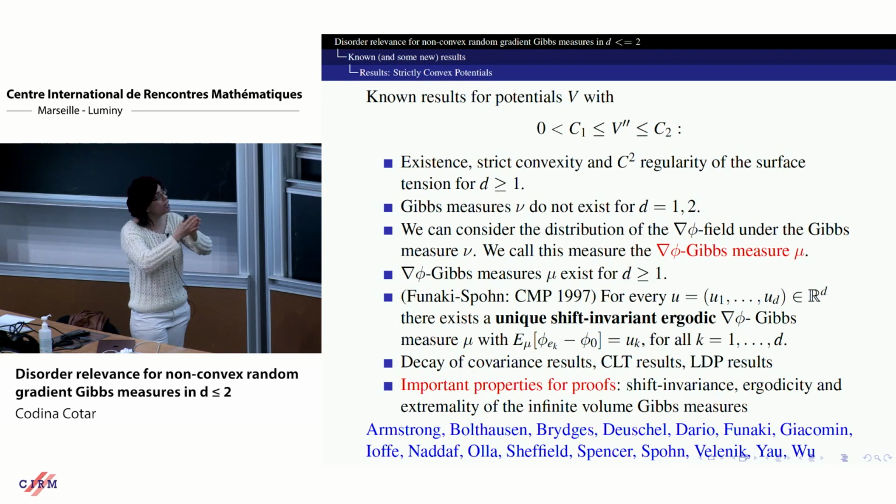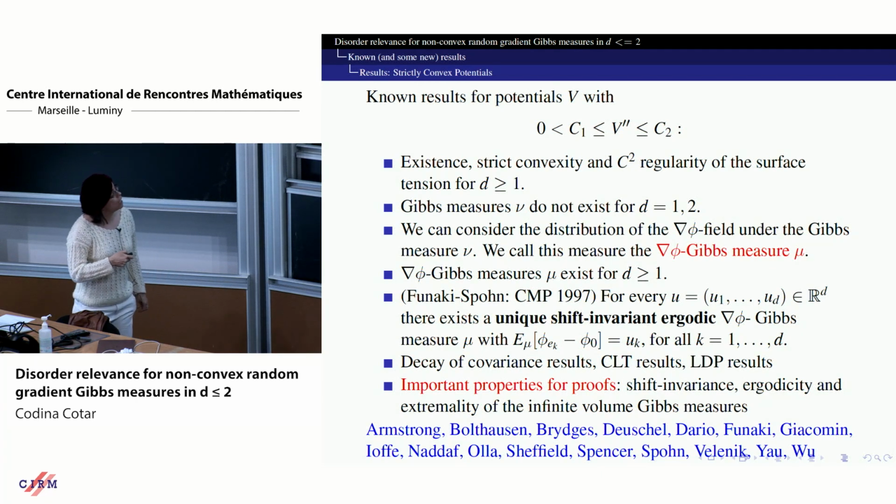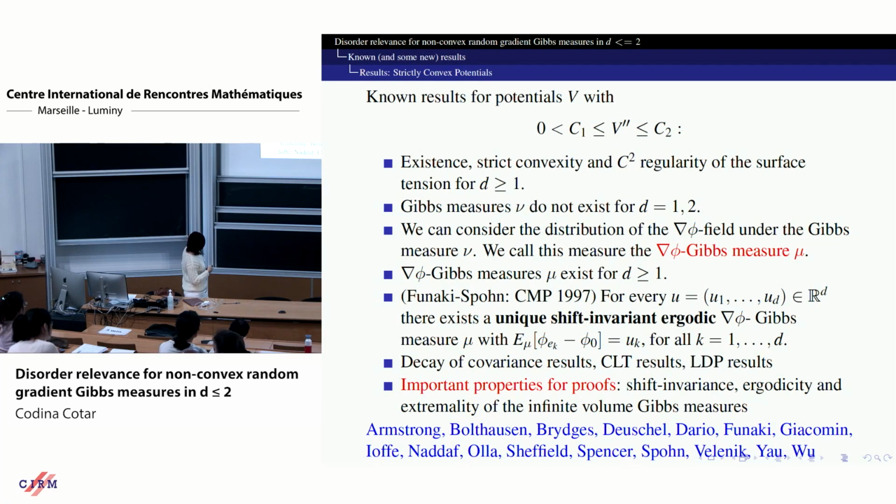Exactly one shift invariant ergodic gradient Gibbs measure has such an expectation. Sometimes I'm going to call this expectation the tilt, or expected tilt, even though it's an expected value. Okay, so for each u, there is exactly one such gradient Gibbs measure.